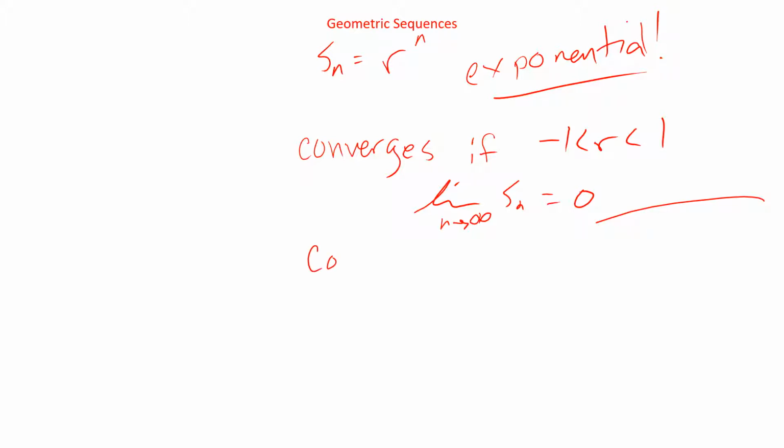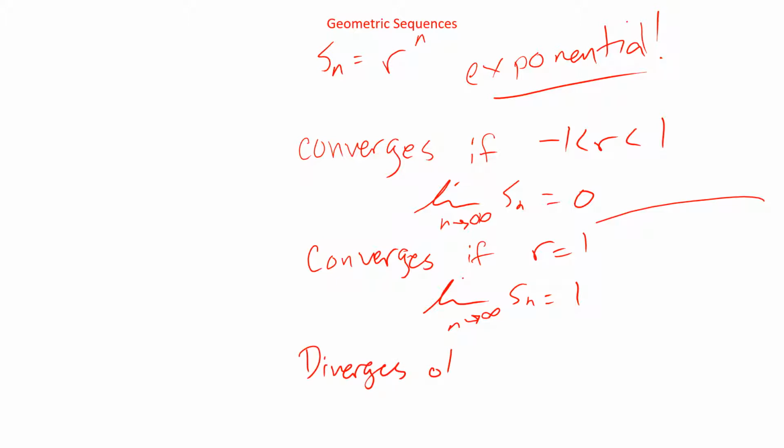Technically, it converges if r equals 1, the limit as n goes to infinity of S of n equals 1, because if r equals 1, that's just going to be 1, 1, 1, 1, 1. It's like the most boring sequence on the planet. But technically it does converge to 1. And then it diverges otherwise. So it can converge to 2 different things, or it diverges.